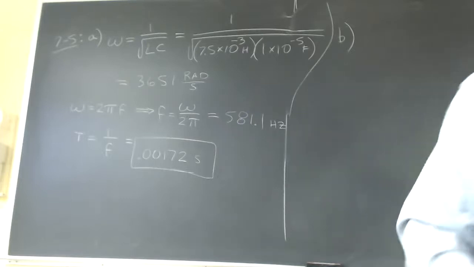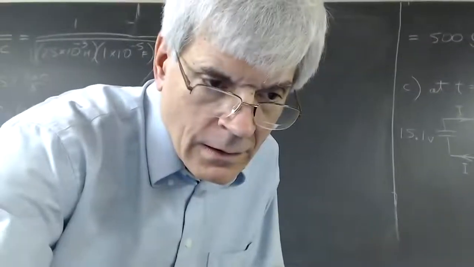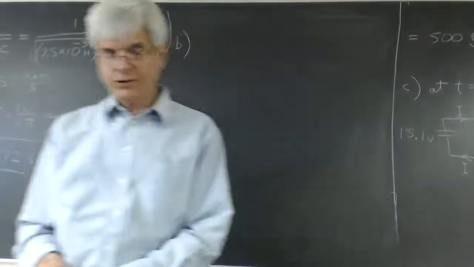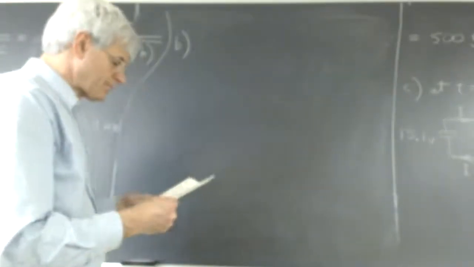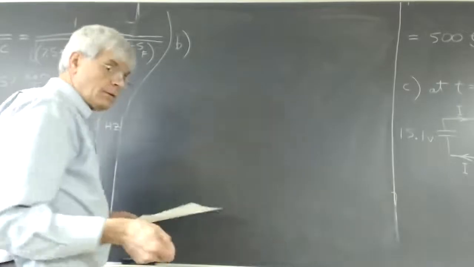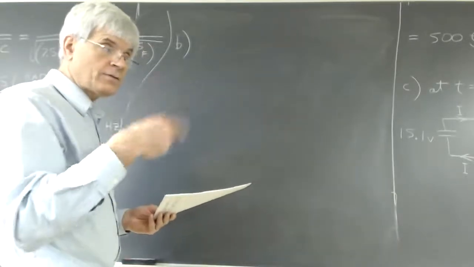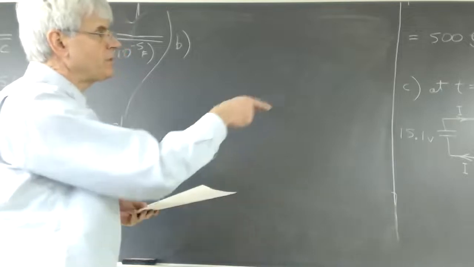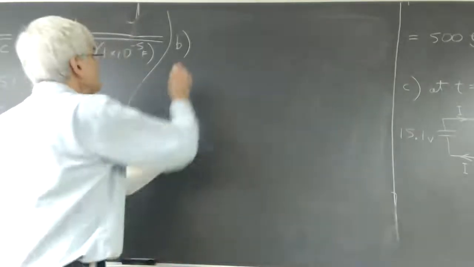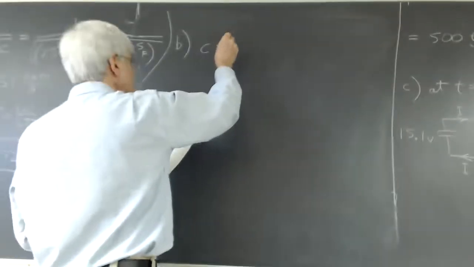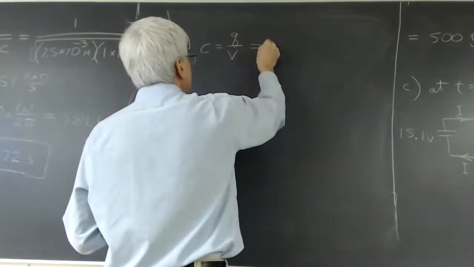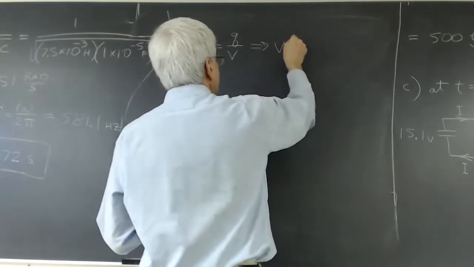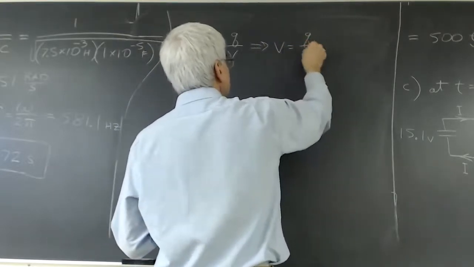So what's available on the formula sheet is charge as a function of time. It's the same trick that we used once or twice in some of these other examples. If C is equal to Q over V, that implies that V equals Q over C.